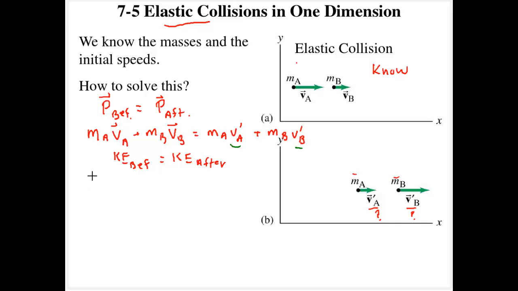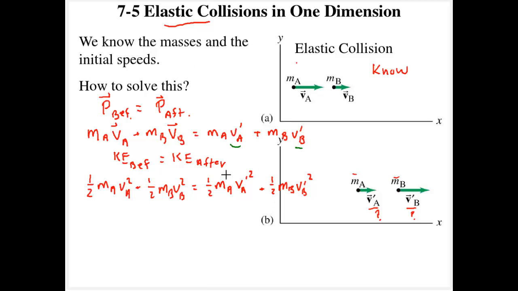I can write that out: 1/2 mass A, velocity A squared, plus 1/2 mass of B, velocity of B squared. That's the kinetic energy beforehand. That's going to be equal to the kinetic energy afterwards, which is 1/2 mass of A, velocity of A prime squared, plus 1/2 mass of B, velocity of B prime squared.